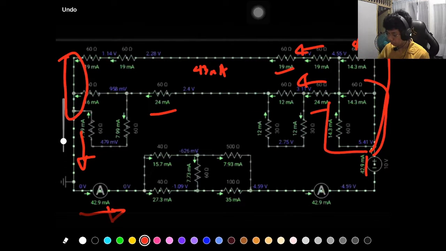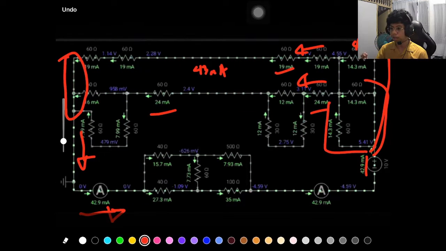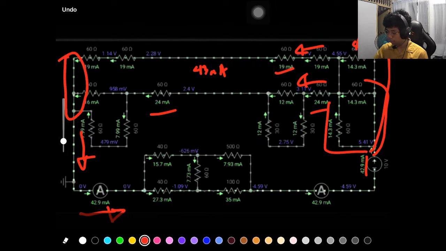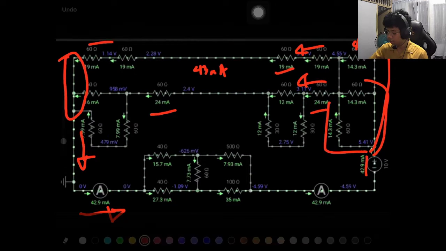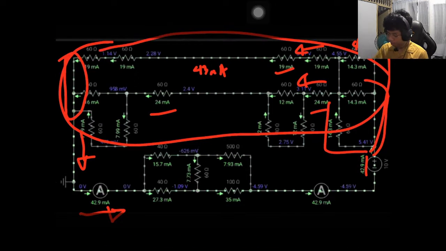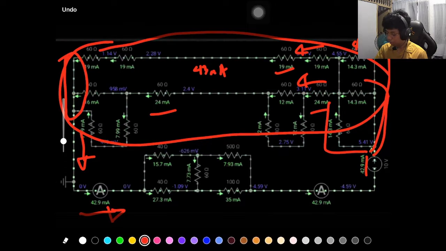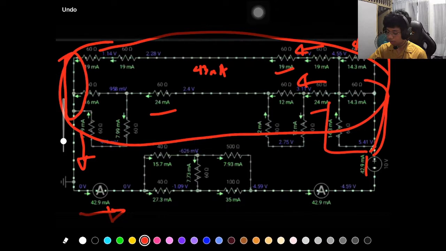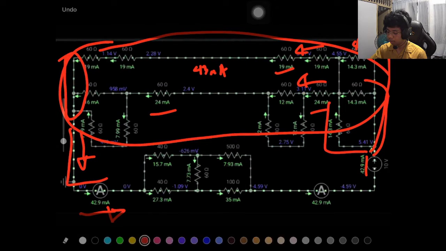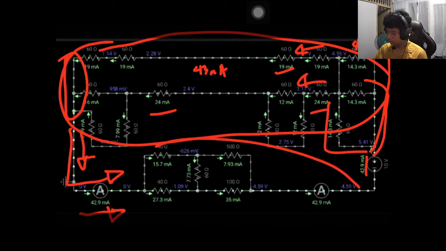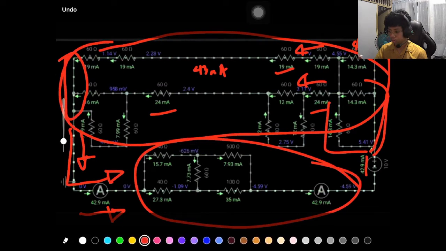Imagine the values of current that enter this area are equal to the current that leaves here, which is equal to 42.9 milliamperes.